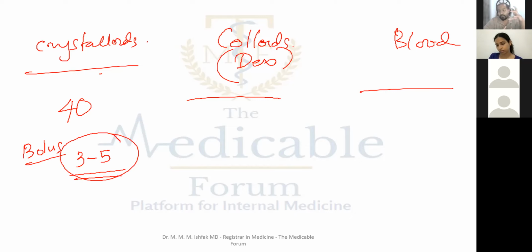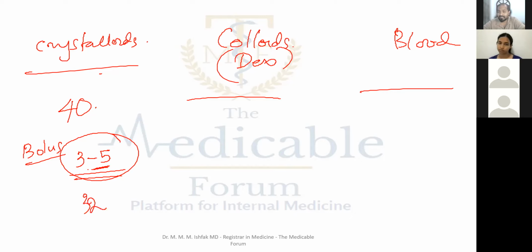That is why I told you, when a patient is in shock, the first thing you do is measure PCV, and then you give the bolus. Soon after the bolus is over, measure the PCV again and see whether you have met this target, because when you give a crystalloid, it should drop 3 to 5. Let's say it did not drop. That means there is a much more severe leak and you need to give another bolus. Let's say it dropped more than 5, like from 40 to around 32.